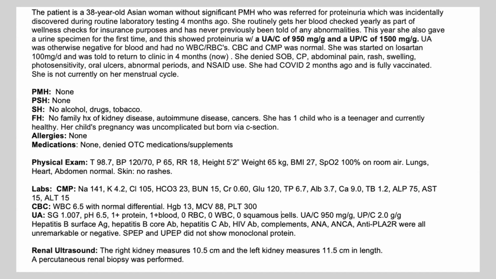She does not drink alcohol, use drugs, or tobacco. She has no family history of kidney disease, autoimmune disease, or cancers. She does have one child who is a teenager and is currently healthy. Her pregnancy was uncomplicated, but born via C-section. She has no allergies. She wasn't on any medications. She specifically denied any over-the-counter medications and supplements.